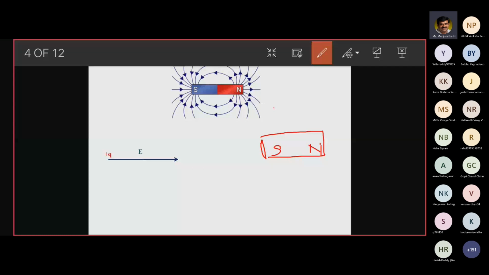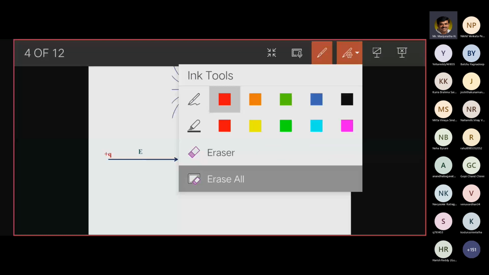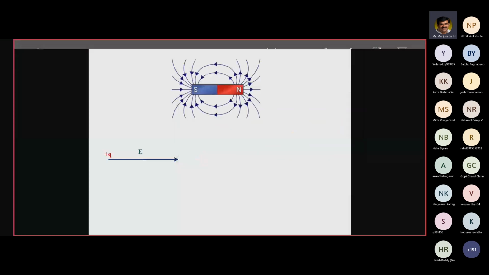What is observed is that the magnetic field is stronger at the poles, and the strength of the poles will be the same. Keep it in mind: if you take a given magnet, the strength of both the poles will be the same. Why can we not get a magnet with a different pole strength? That we will see. I will bring in the concept of electrons for this. So this is a simple representation of a magnet.